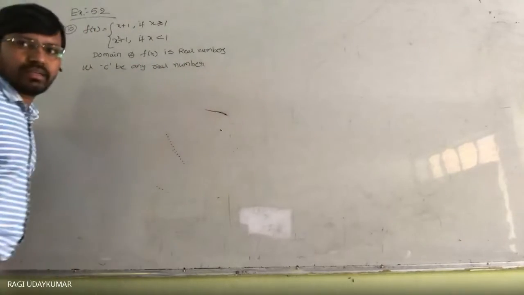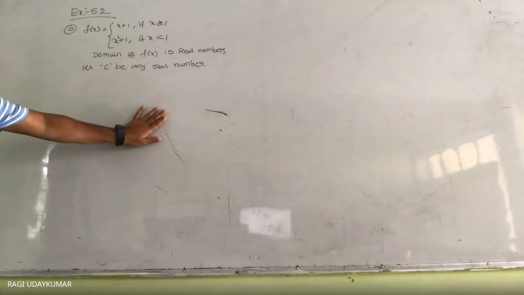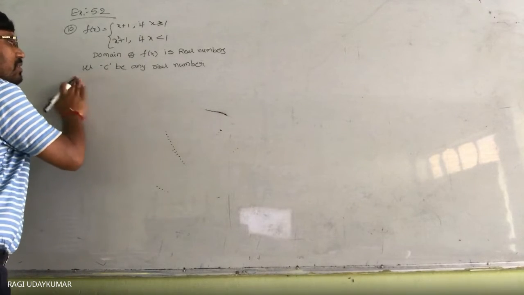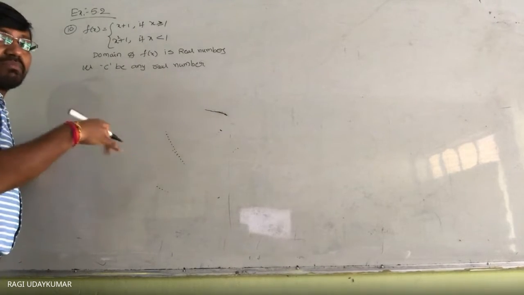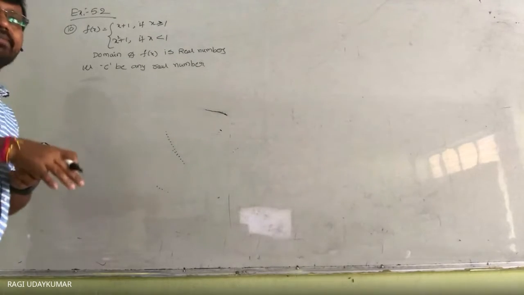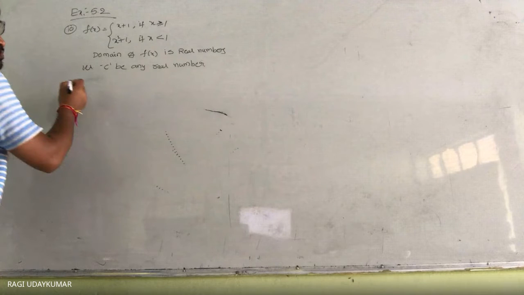If you consider any real number, c may be less than 1, c may be greater than 1, c may be equal to 1. So less than 1 का case, c equal to 1 का case, and c greater than 1 case will be there.